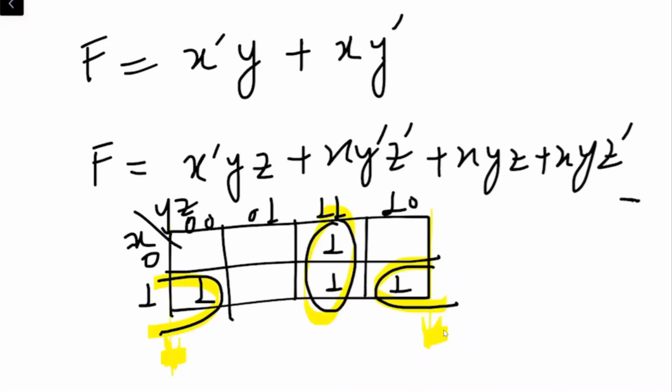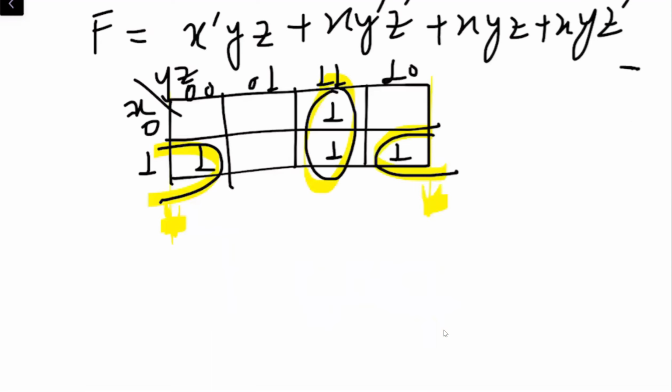Now the vertical group will be represented as, if you see what is not changing, right? In the vertical direction, x is changing, so we cannot put x in this group. So the vertical group will be represented by the terms which are not changing: y is not changing and z is not changing.